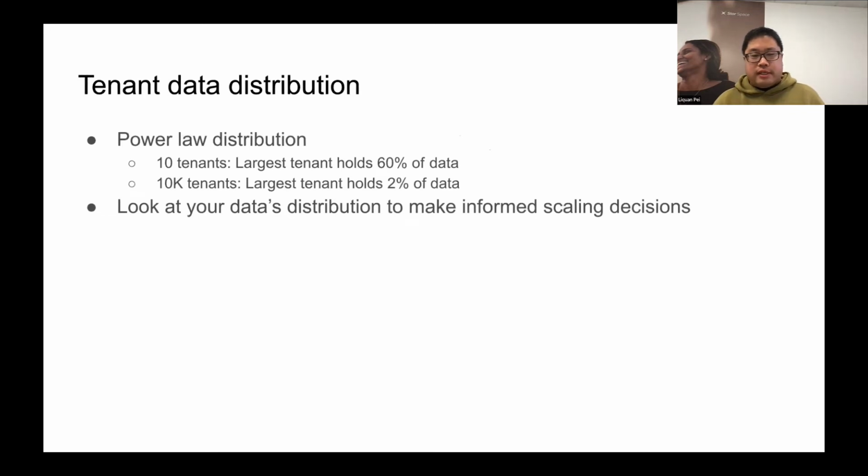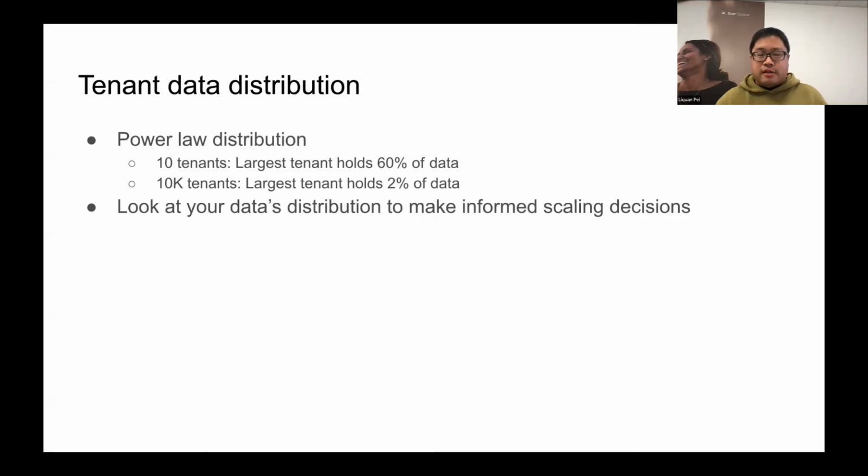So also, I want to say that SaaS has a very interesting 80-20 rule, a power law distribution from the data science perspective. I have worked with some of our SaaS customers, and my first-hand experience is that there are a few large customers that occupy the majority of your data and the majority of your workload.